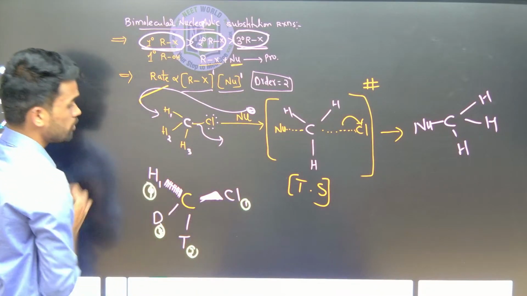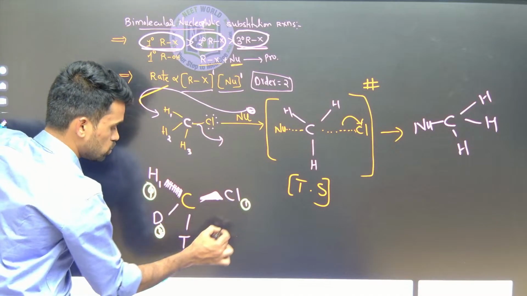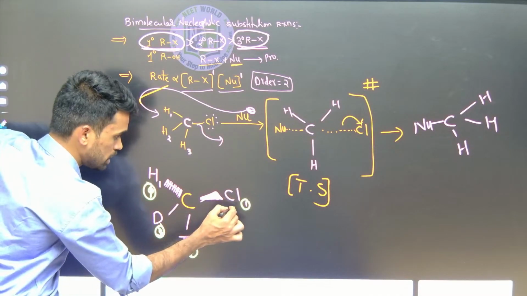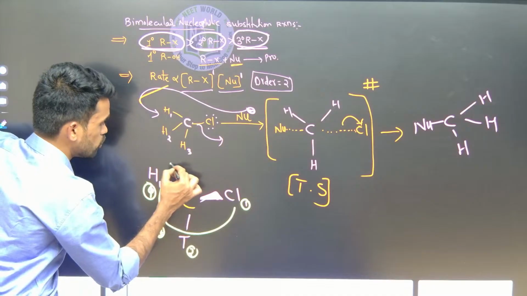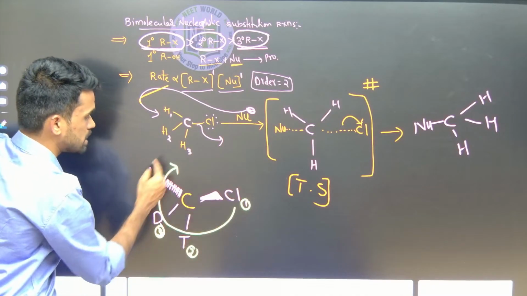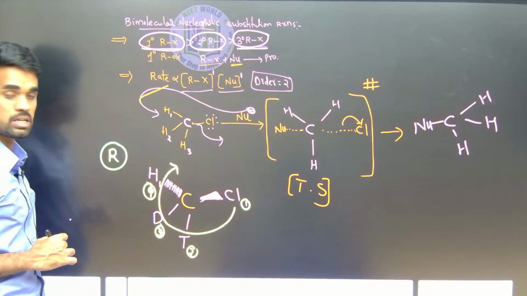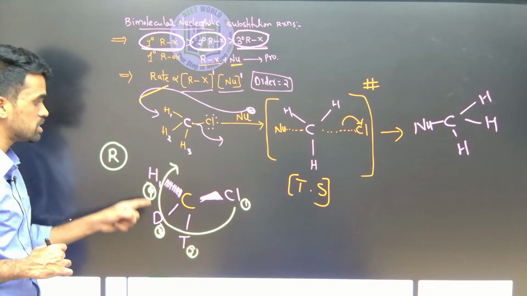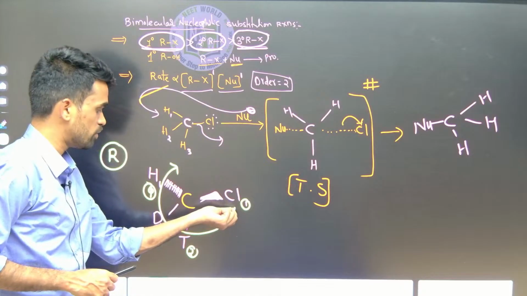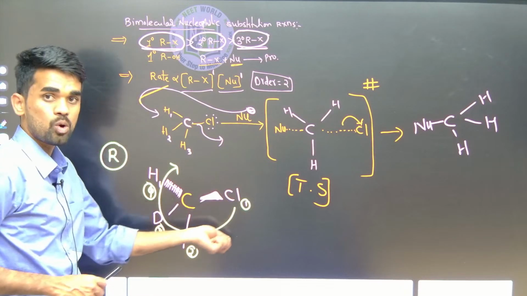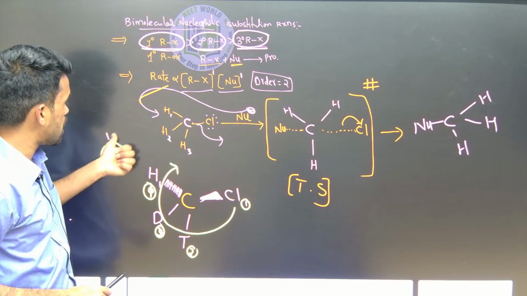Now go from 1 to 2, 2 to 3 like that. So which direction is it? It's a clockwise direction now. So then you can say it's an R configuration isomer. If the direction from 1 to 2 to 3 is clockwise, then you can say it is an R configuration.